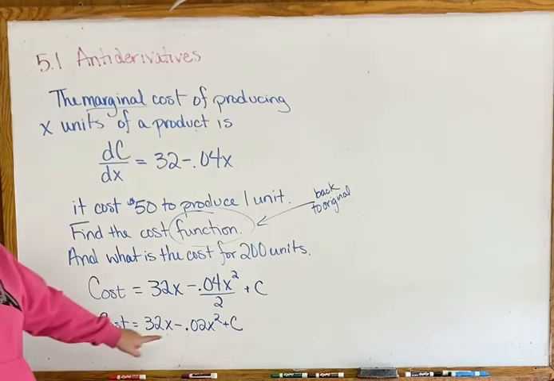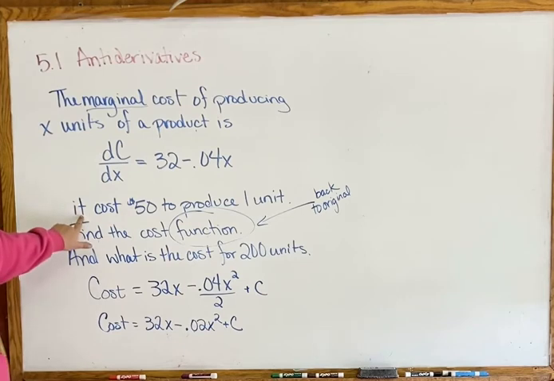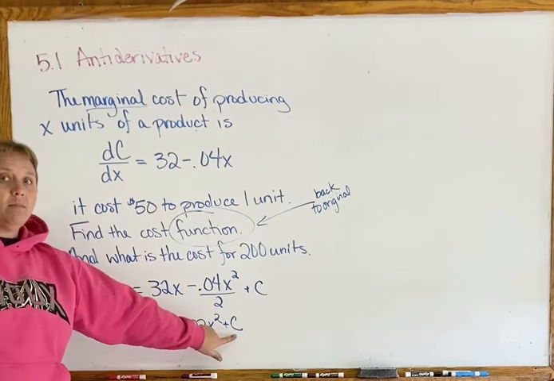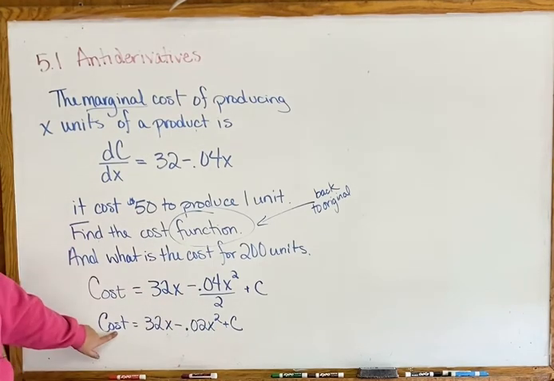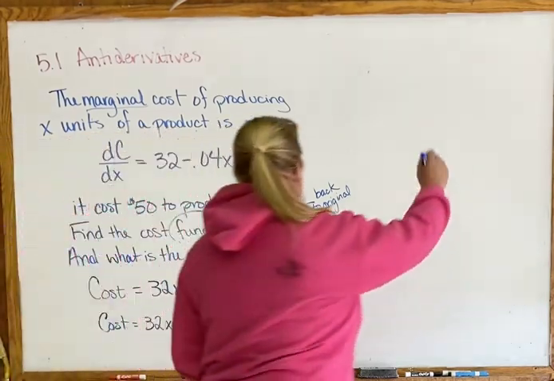Now, in this case we're given an initial value: we were told it costs $50 to produce 1 unit. So will we be able to figure out what our constant is in this problem? We know that the cost would be $50 if x is equal to 1. So let's put that in.